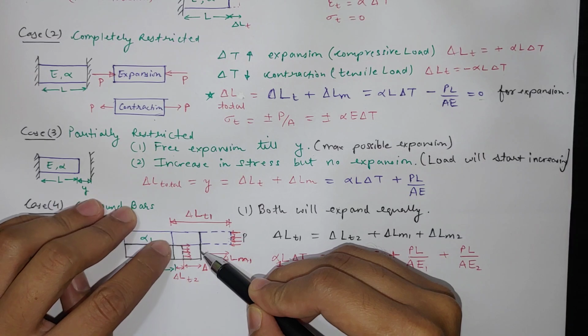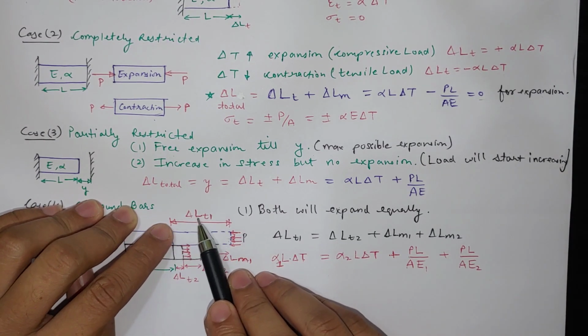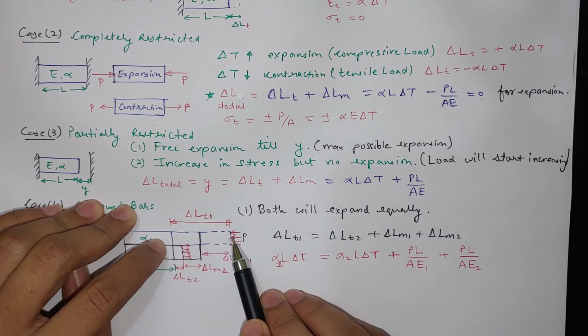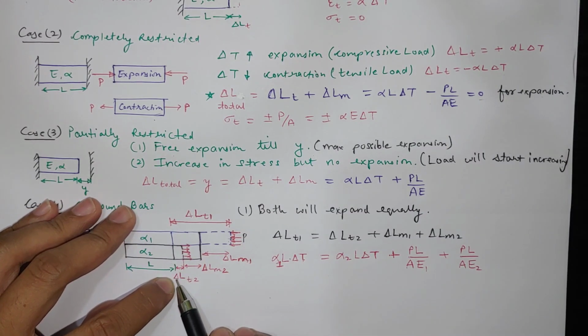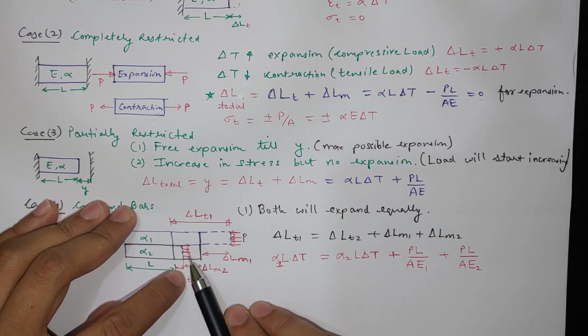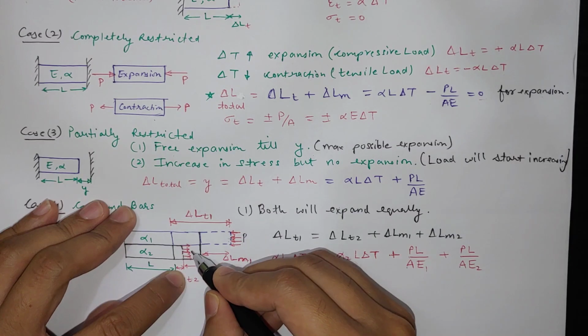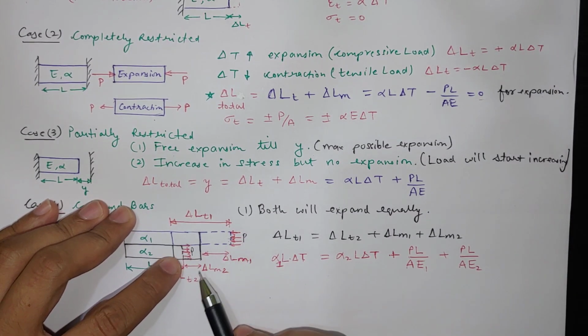Now the total thermal expansion of the blue separately will be delta L T1, and the total thermal expansion of the second will be delta L T2. Total thermal means thermal only. Due to the mechanical stress, the P value will be equal in both; here P is tensile, here P is compressive, because they are action and reaction.